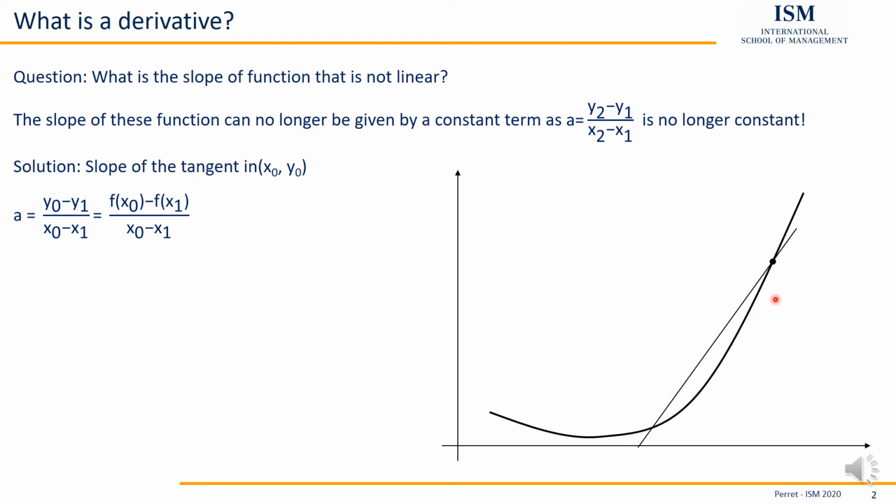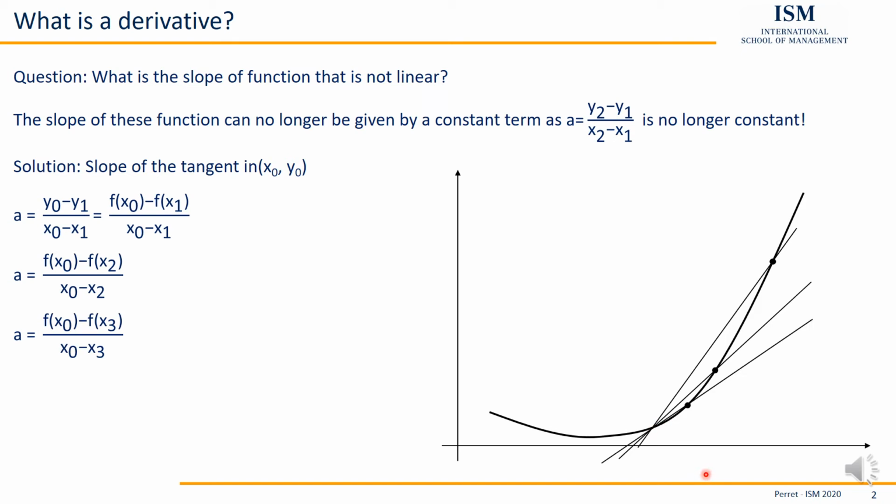So what do we do? Well, we take this point and move it a bit closer to x0, y0. Like this. And again, we get our slope for this case. We see the slope of this line is a bit closer to the slope of our function here. So we do this yet once more.